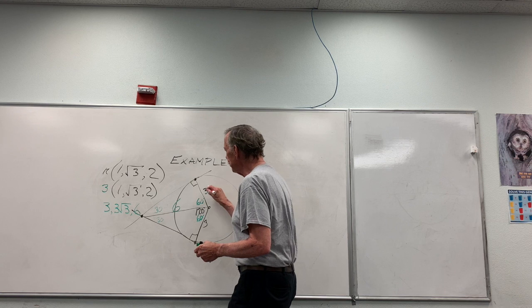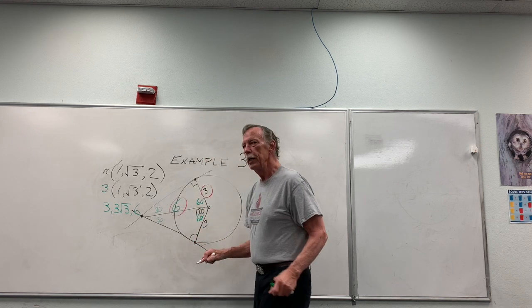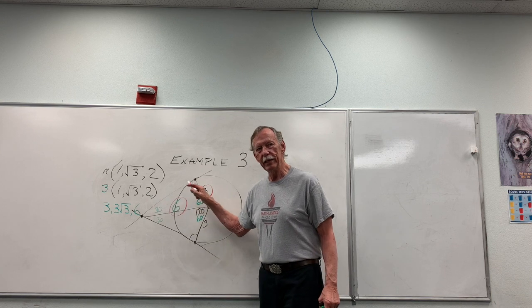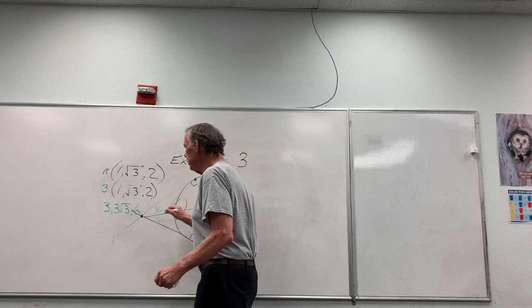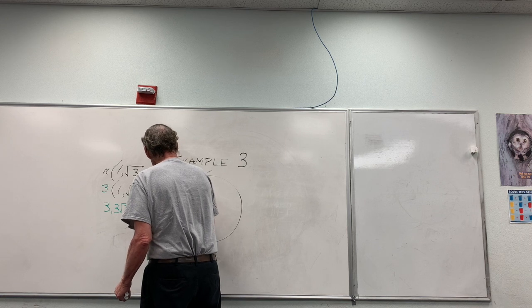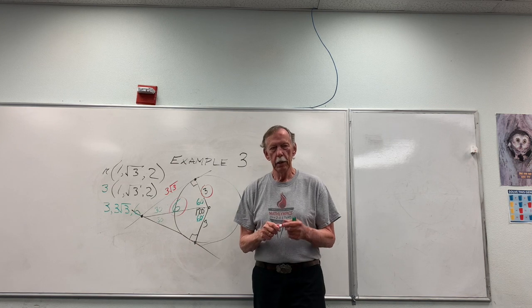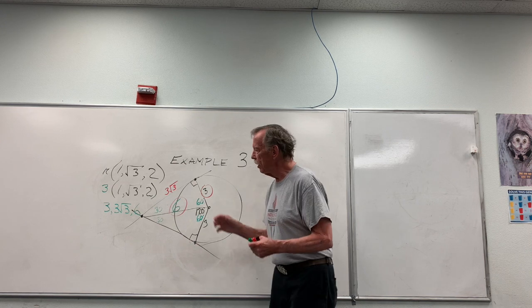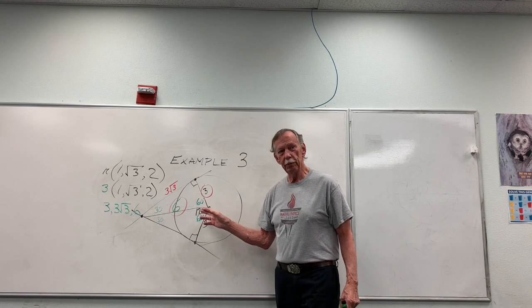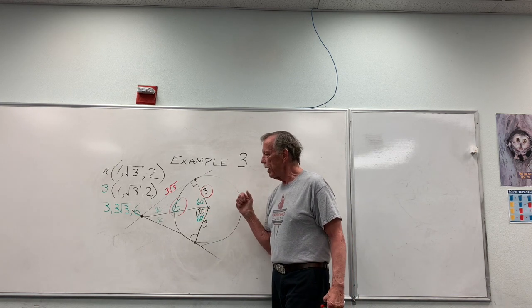Well, there's our 3, there's our 6, and so the length of this tangent is going to be 3 times radical 3. So we've combined a knowledge of a 30, 60, 90 triangle with what we know about tangents.